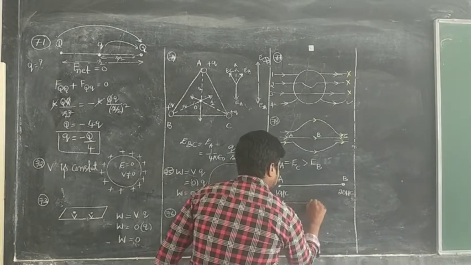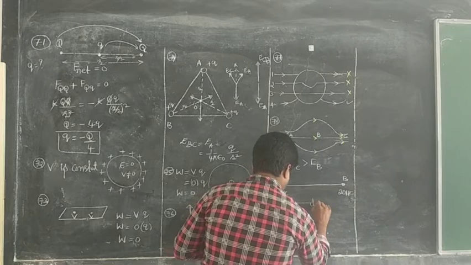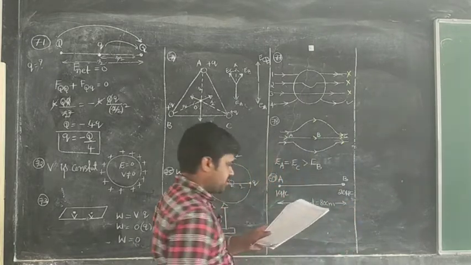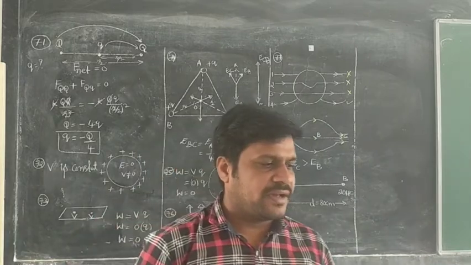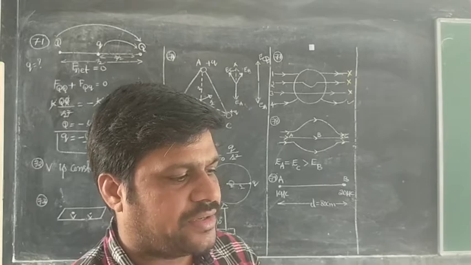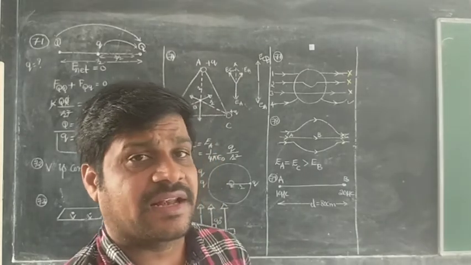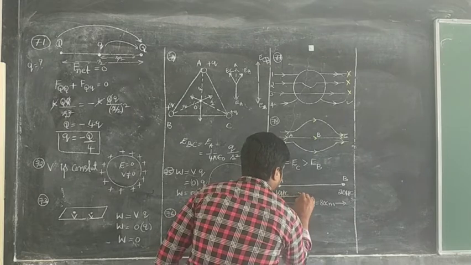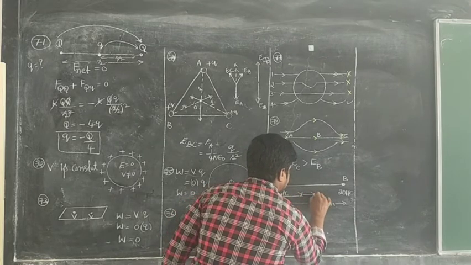The separation between these two is D equal to 80 centimeters. So the question is, in the given figure, at what distance from point A is the electric field 0?